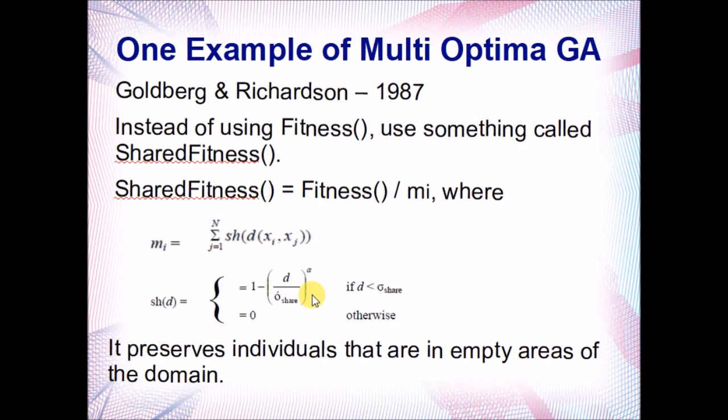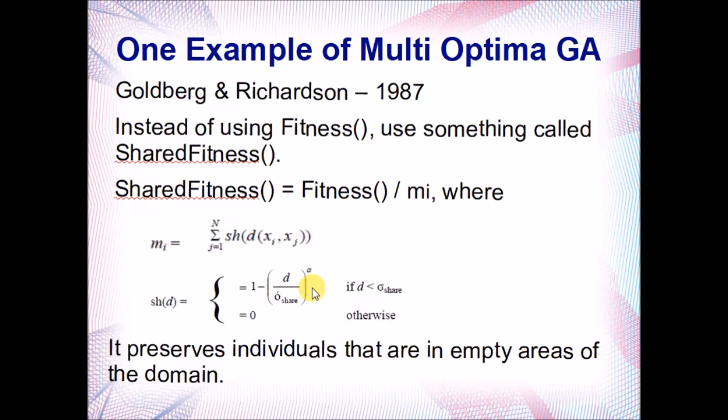So what this does is it preserves these individuals that are in what we would call empty areas of the domain and allows them to investigate those areas, because with a higher shared fitness, they're more likely to be selected in the selection process. And it gives the genetic algorithm more time to investigate these other areas of the domain for possible local or global optima.